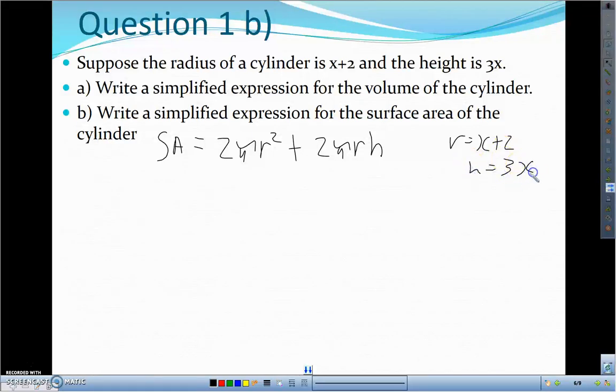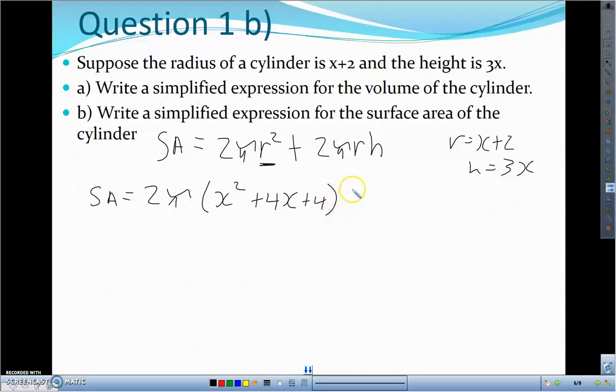So all we have to do is take those expressions, substitute them in, and expand. And I'm going to use what I know from the previous example to help me out here because I already know what r squared is. So in this case, surface area is equal to 2 pi, and r squared was x squared plus 4x plus 4.